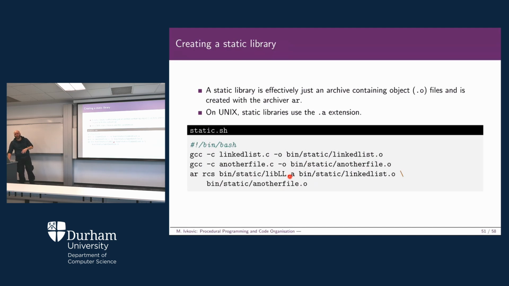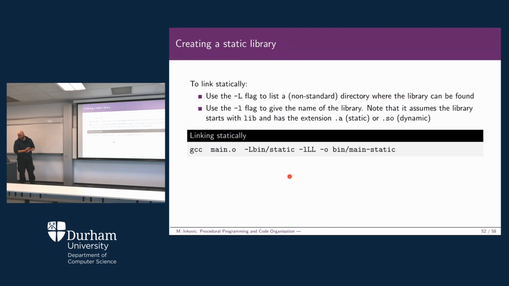Now let's use it again in an executable. Okay, so to link statically, we need basically two things. First, we need to tell the compiler or the linker which library you'd like to use, and second, where the library is, where in your file system this library is. And you do this via two specific flags.